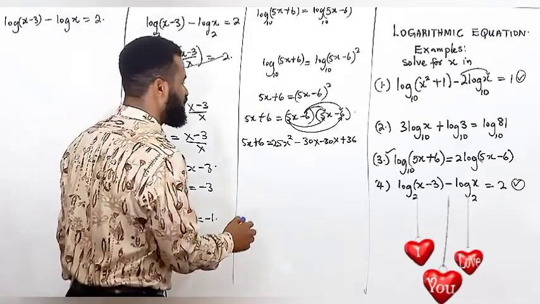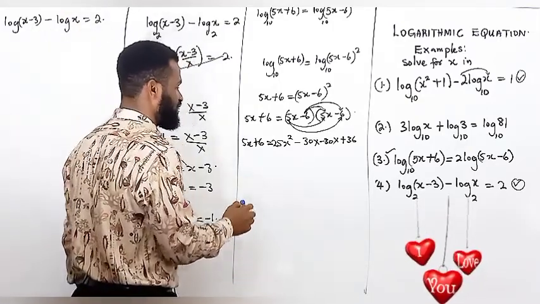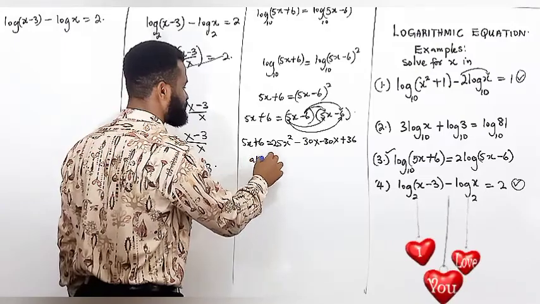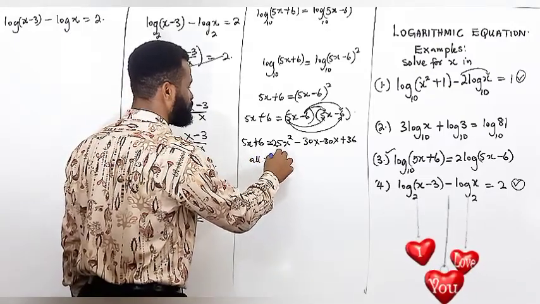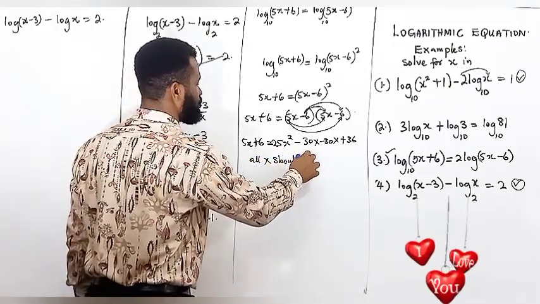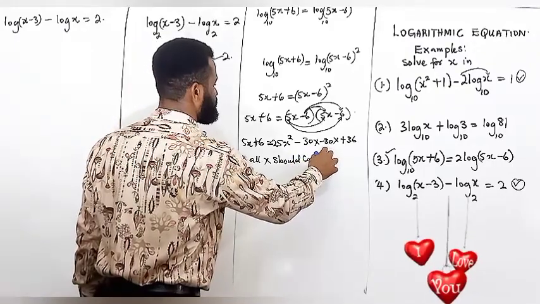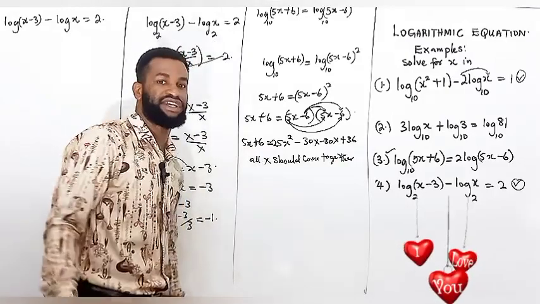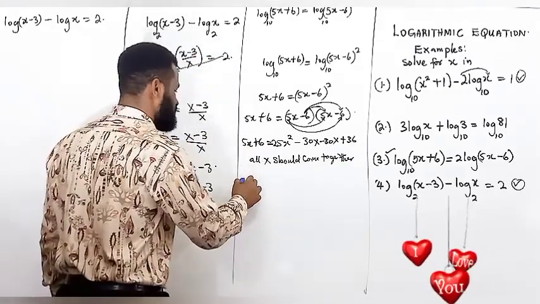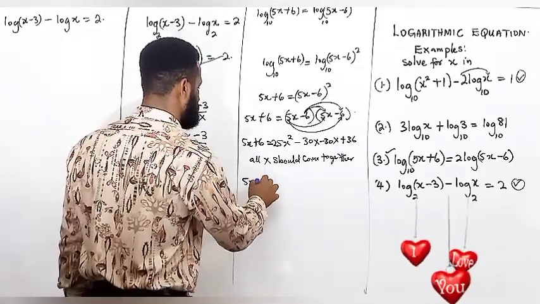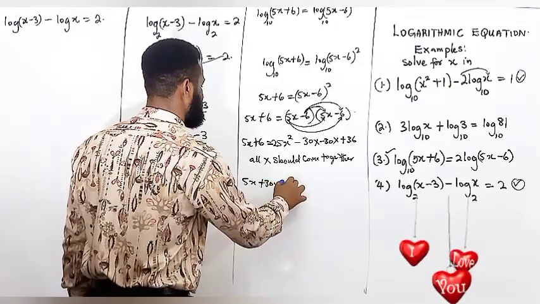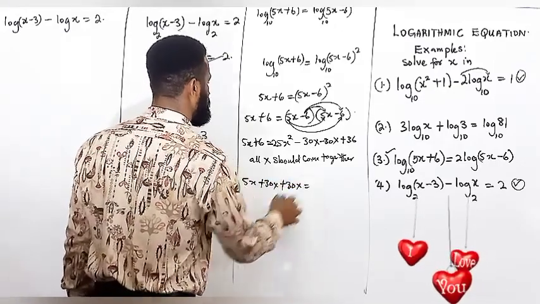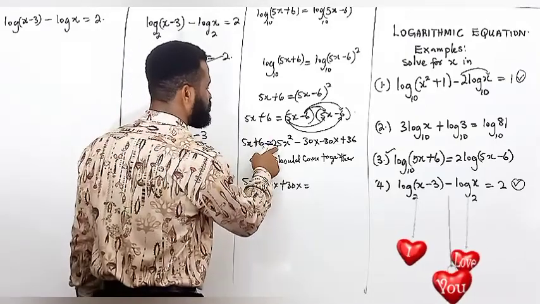Now, in this case, I am going to make a decision that all x should come together, because they are like terms. So I'm going to have 5x plus 30x plus 30x is equal to 25x squared.